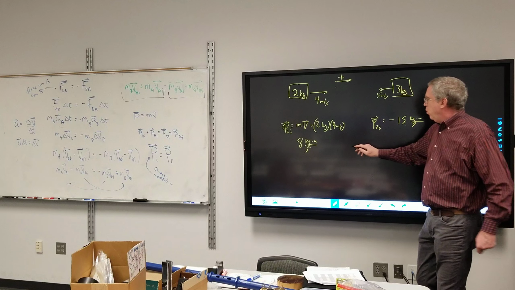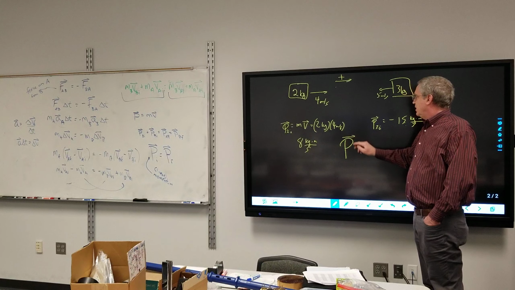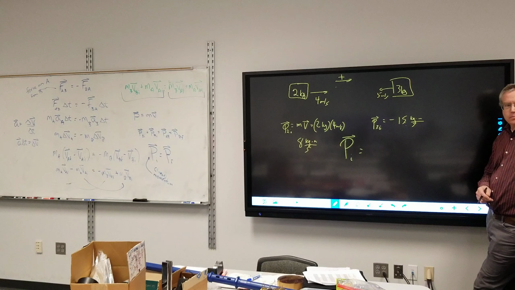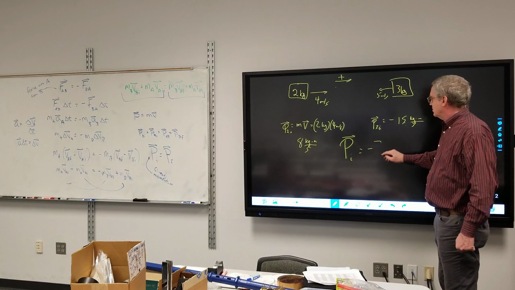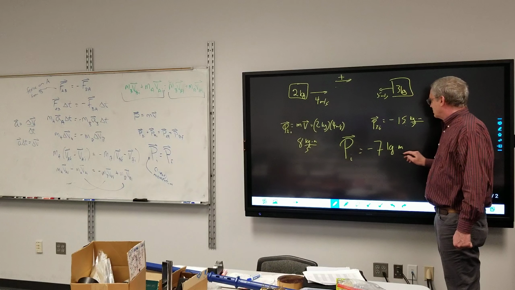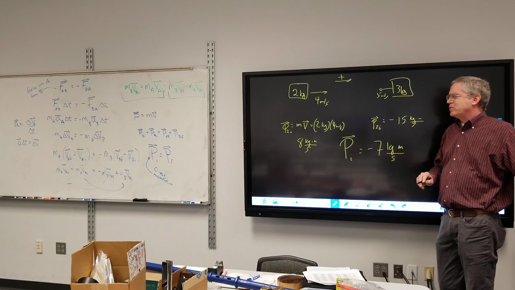All right, so what is the total initial momentum? Both blocks. Yeah, the total. Negative 7 kilogram meters per second squared. Meters per second, sorry. Kilogram meters per second. What's a kilogram meter per second squared?